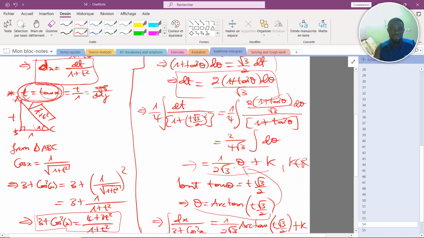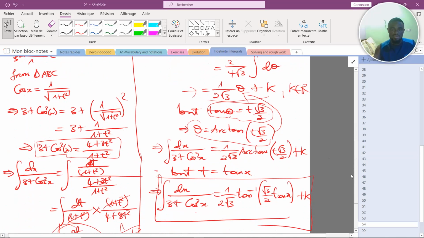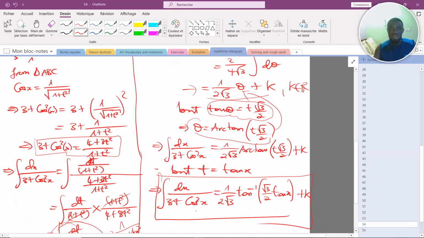And from there you proceed, and finally when you reach here, this is the final integral. The first thing you have to do is substitute theta. How do you get theta? Tan theta was equal to this. So this theta, you go and substitute it inside here. So this integral will be equal to this times arctan of this plus constant k.